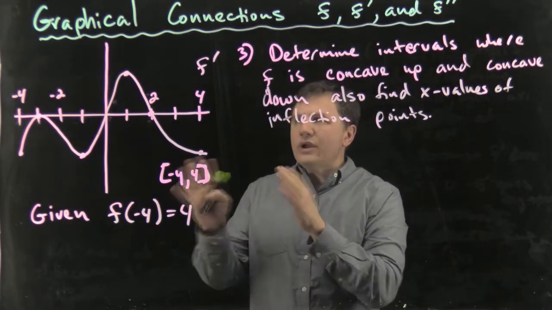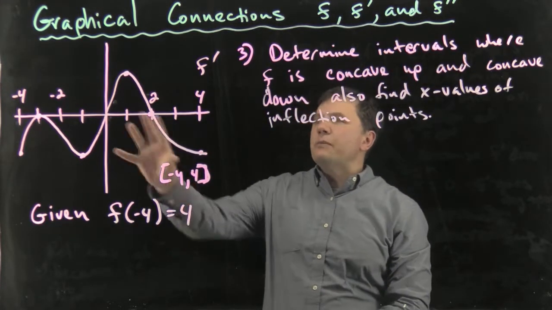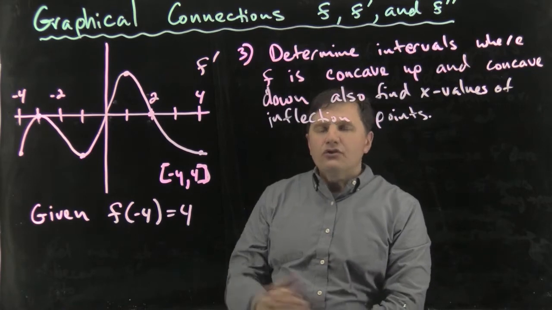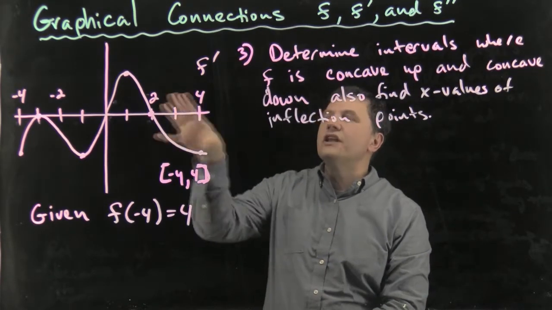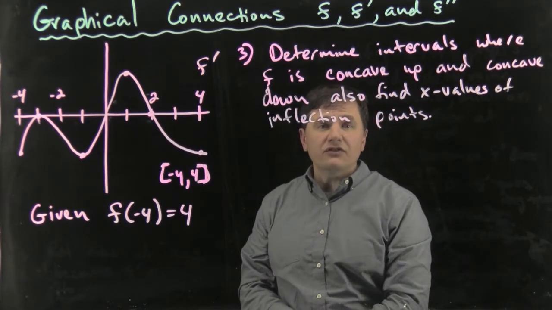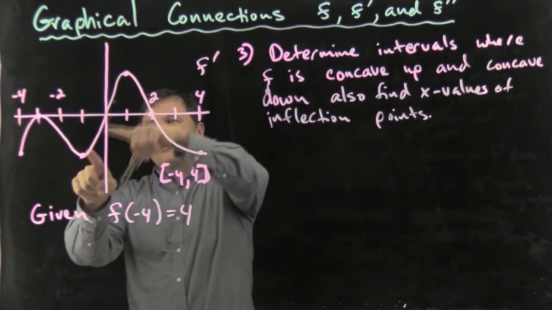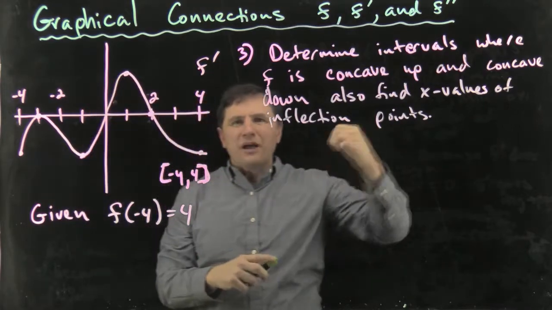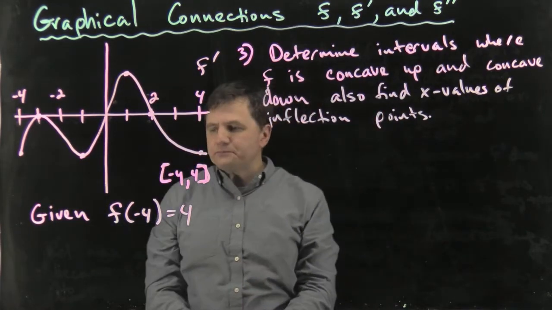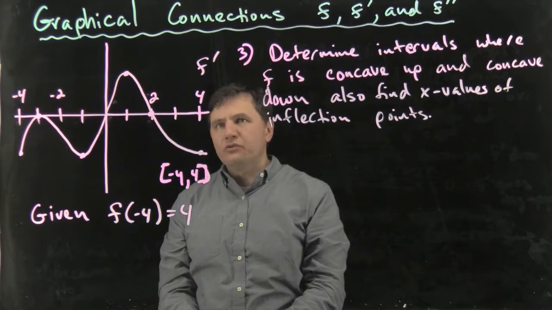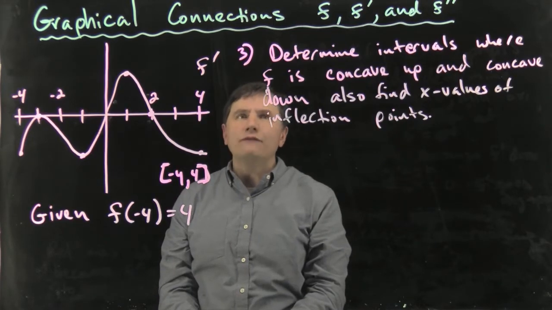So we want to read f double prime. Keep in mind we're given f prime. So f double prime is the derivative of this, and derivative is slope. So when I see the slope is positive here, I know that f double prime is positive, which means that f is concave up.